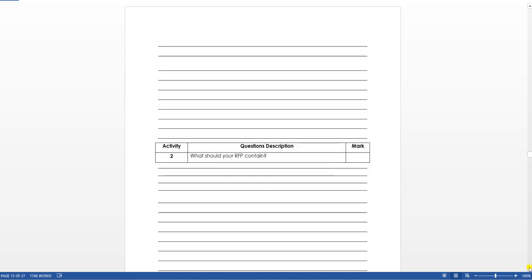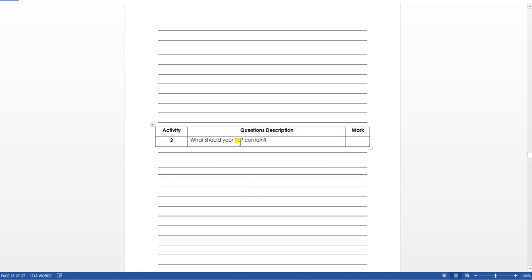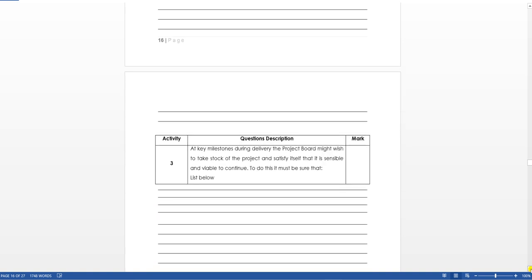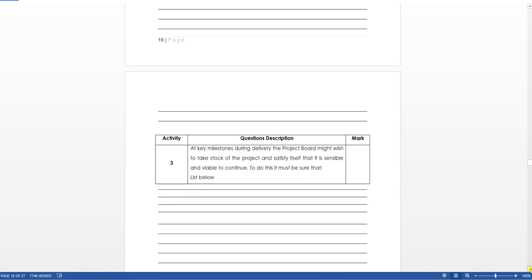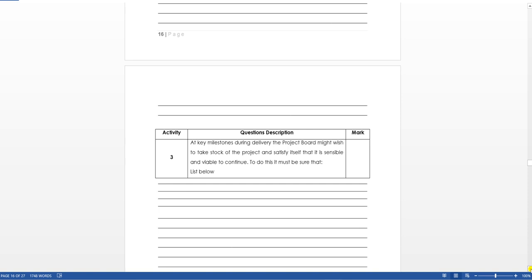activity 2, you need to explain what an RFP should contain. That's for activity 2. And also, at key milestones during delivery, the project board might wish to take stock of the project and satisfy itself that it is sensible and viable to continue.